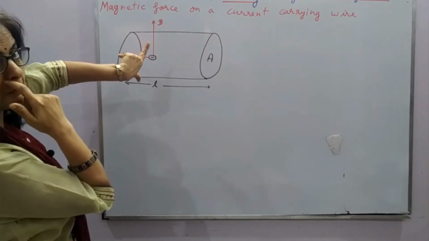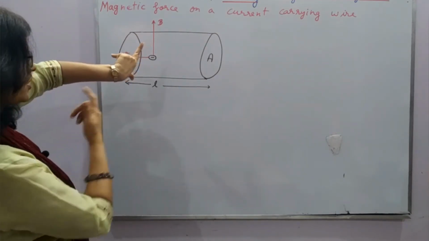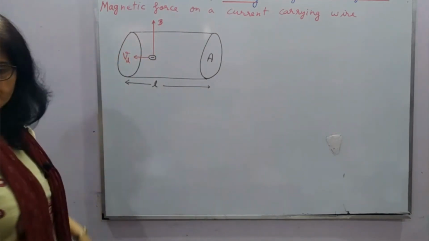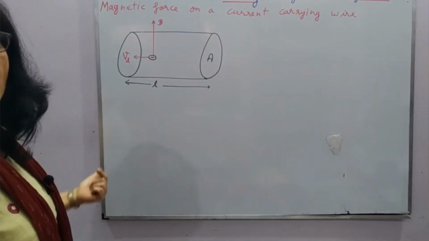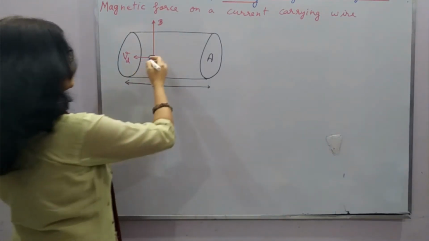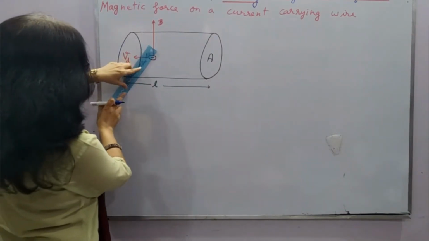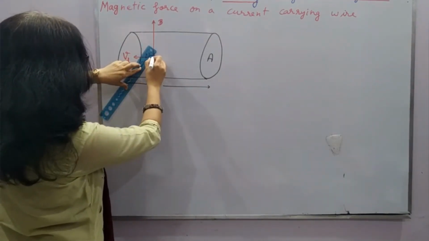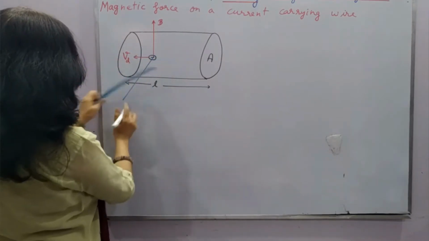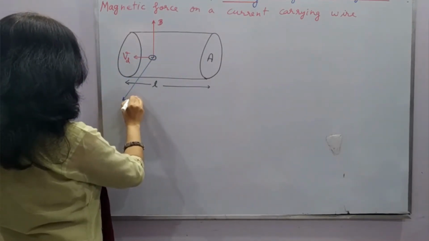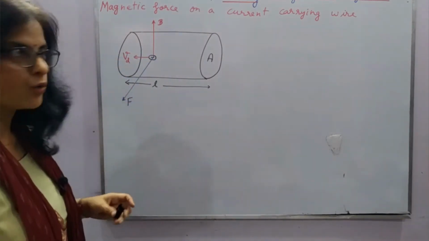If it had been a positive charge, but it's a negative charge, so the magnetic force will be normally outward of this plane. So I can mark this magnetic force which is normally outward.